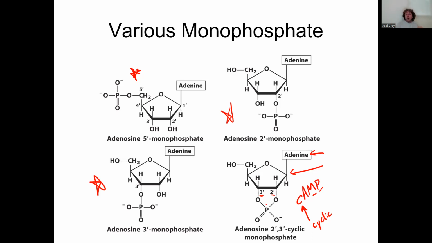As you can imagine, as long as there's a hydroxide group, as depicted here, then you can make a cyclic form of a nucleotide. So there's also adenosine 3', 5' cyclic monophosphate. But these are just some of the other depictions of how that phosphate group can be linked to that sugar.